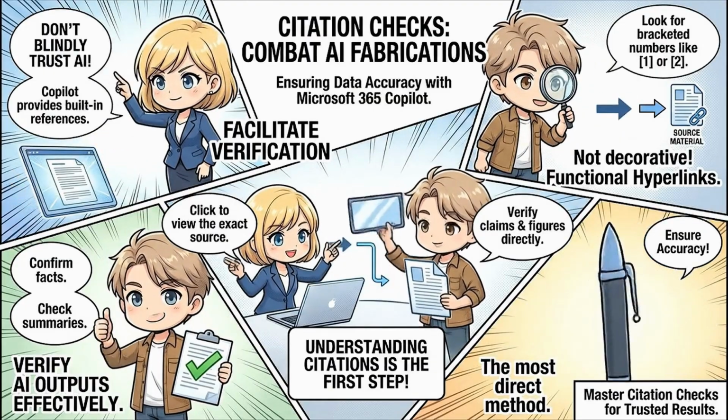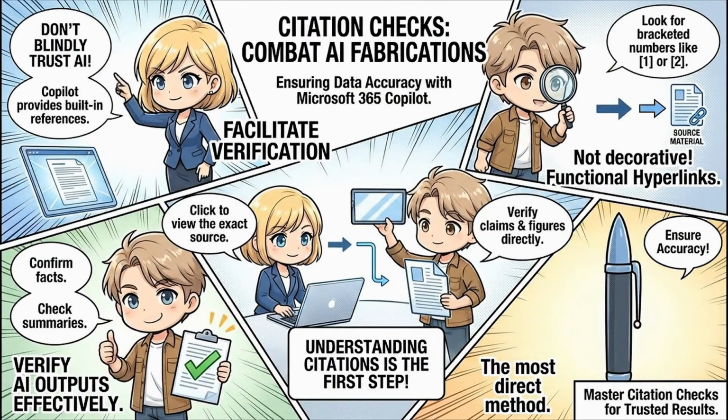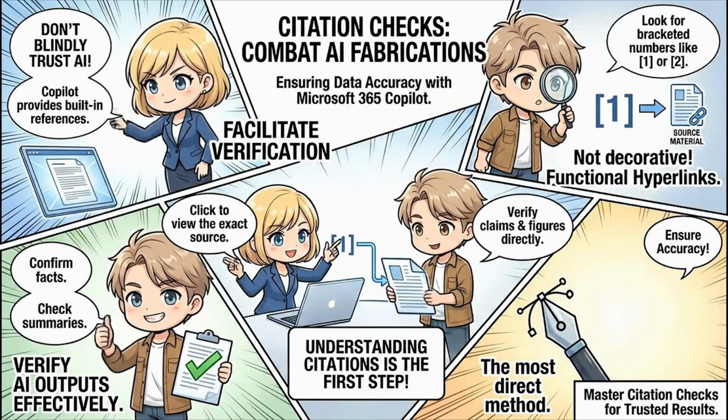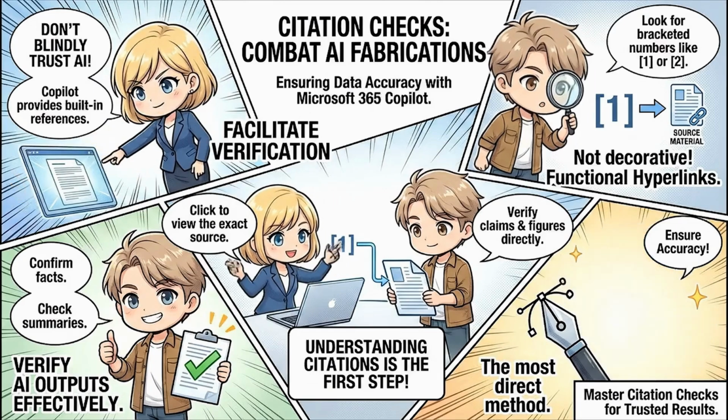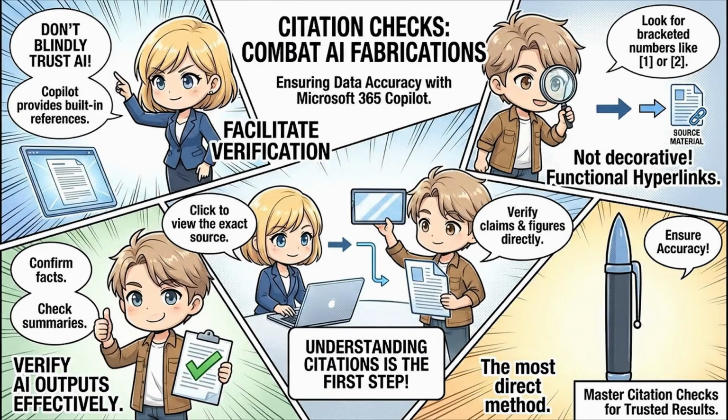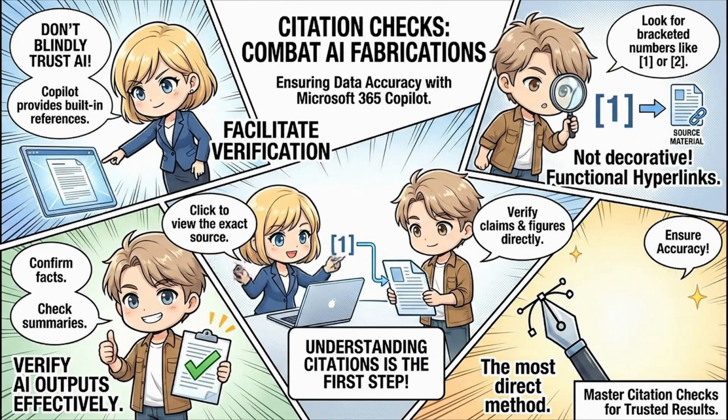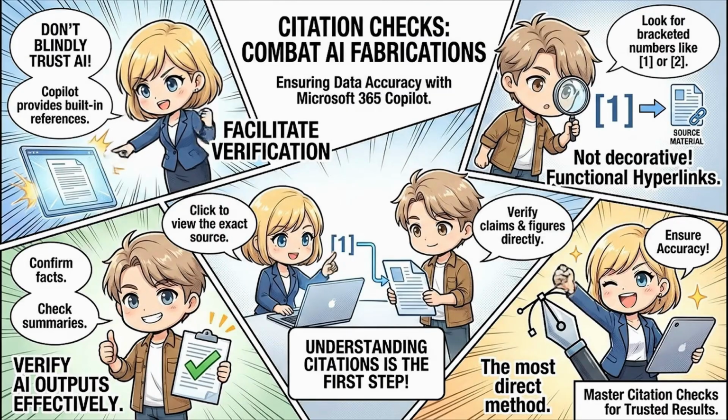Now, let's delve deeper into executing effective citation checks, the most direct method to combat AI fabrications and ensure data accuracy. When Microsoft 365 Copilot generates a response based on internal work files or external web data, it doesn't expect you to blindly trust its output. To facilitate mandatory verification, Copilot includes built-in references known as citations.